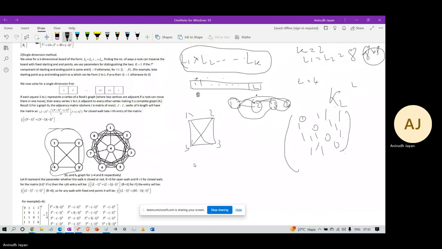So you have J as a matrix of 1s minus I, since the diagonal of the adjacency matrix is 0 for a simple graph. So the adjacency matrix of KL is J minus I, where the matrix is L cross L, where you have L square entries.